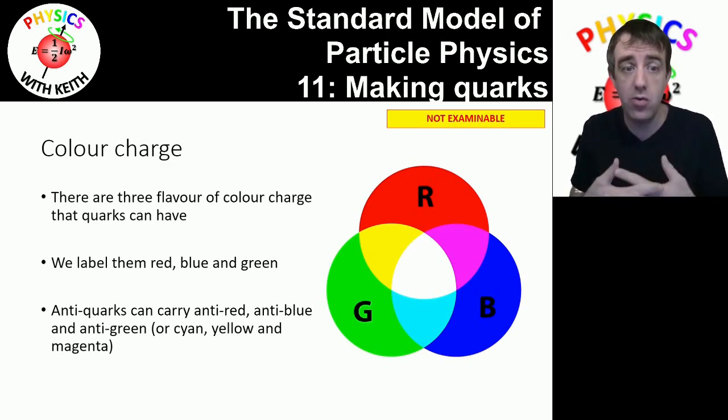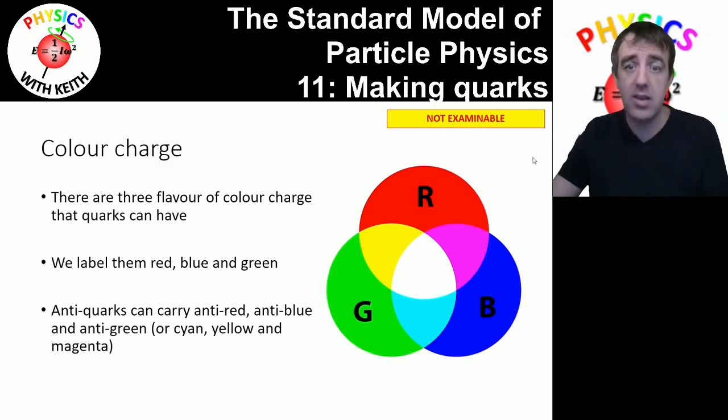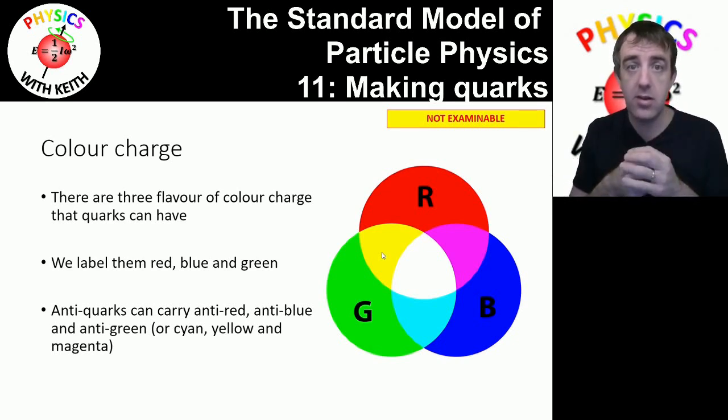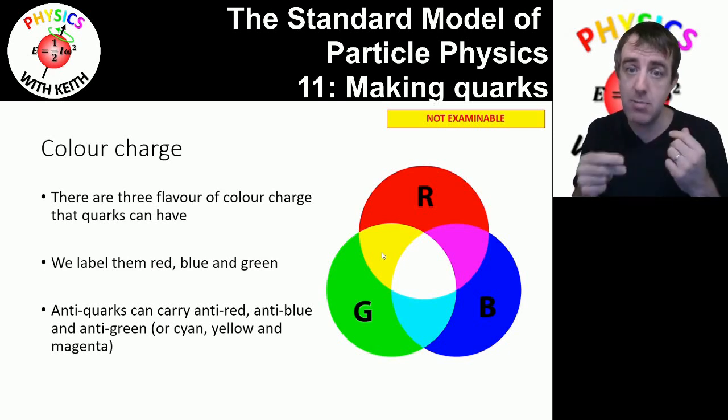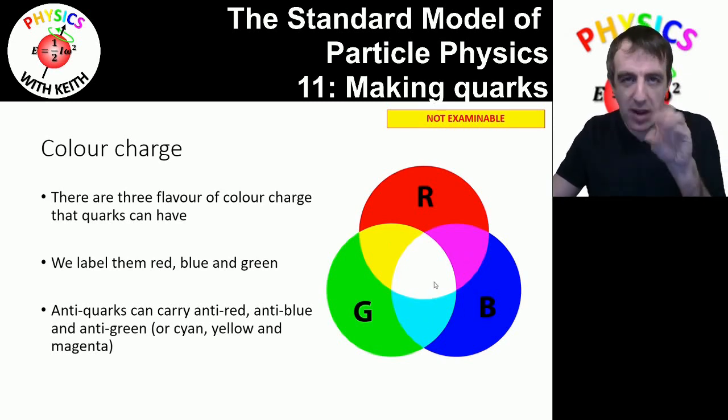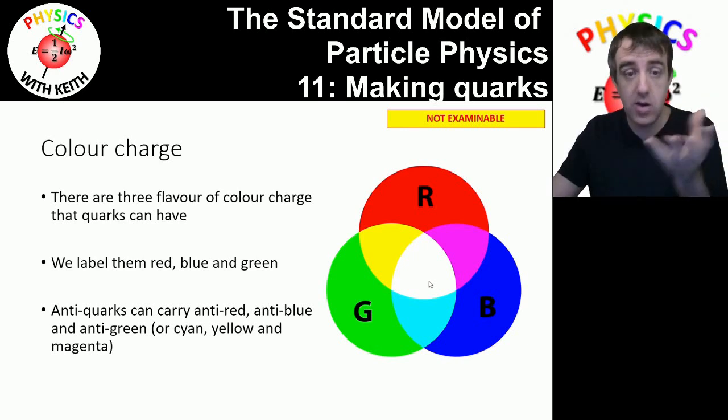So it's color neutral. Antiquarks carry the anti-colors. So anti-green, sometimes called magenta, anti-red, sometimes called cyan, and anti-blue, sometimes called yellow. And so antiquarks carrying those three colors can combine to form an antibaryon, because anti-red, anti-blue, anti-green, or cyan, magenta, and yellow, when mixed together, form white, so color neutral.